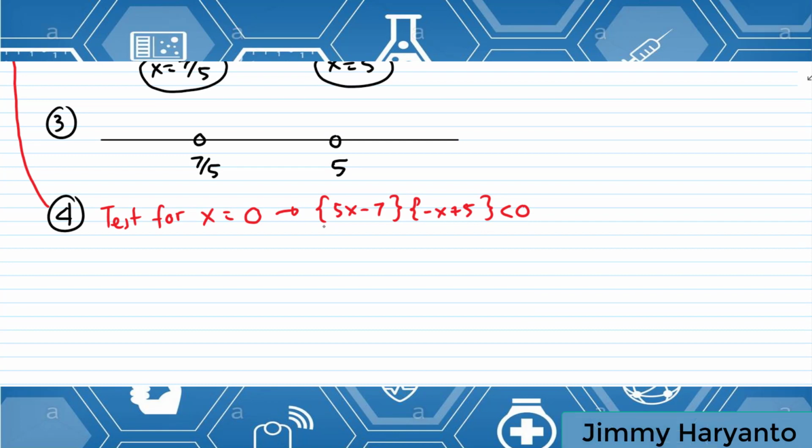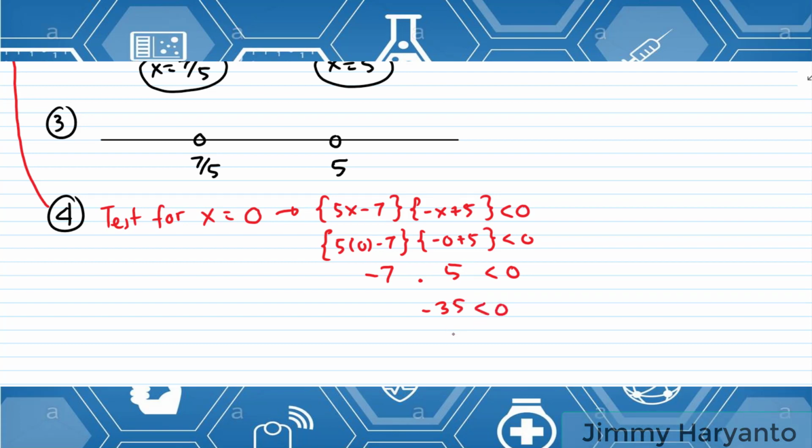For x equals 0, it becomes 5 times 0 minus 7, and then negative 0 plus 5, less than 0. The result will be negative 7 times 5, negative 35 less than 0. Is it correct or not? Yes, it's correct.